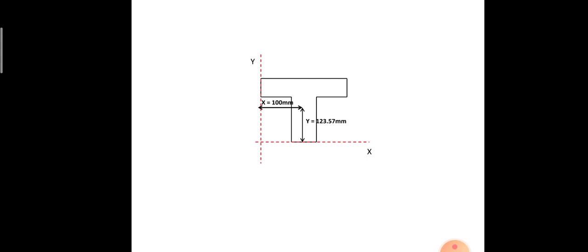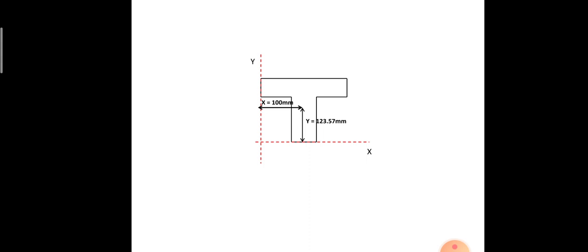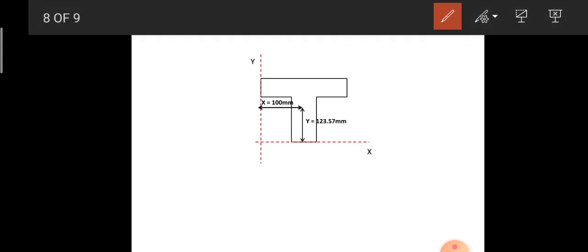So this represents the overall summary sketch. If I just draw the overall T-shaped structure, I got the horizontal centroidal axis distance as 100 mm and the vertical distance as 123.57.